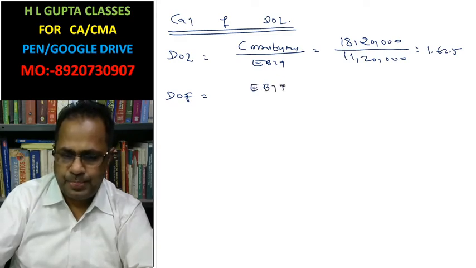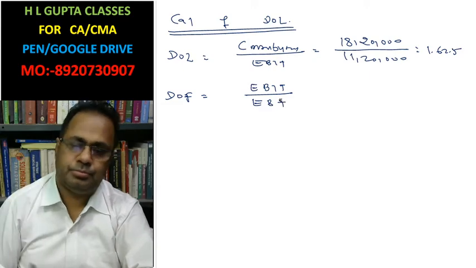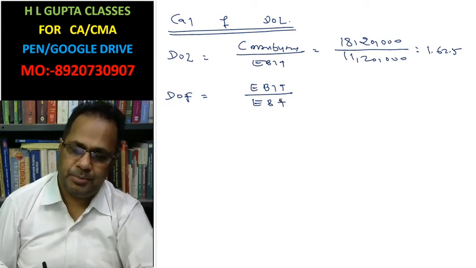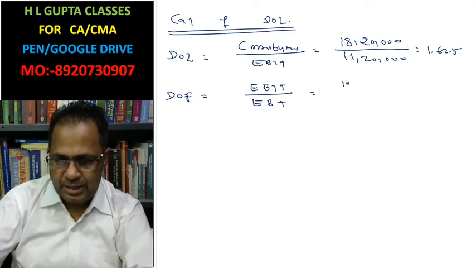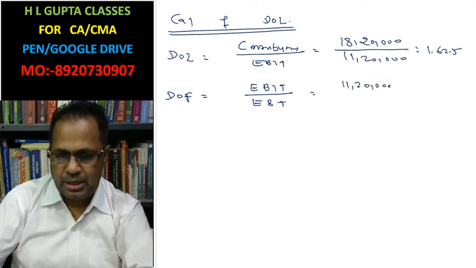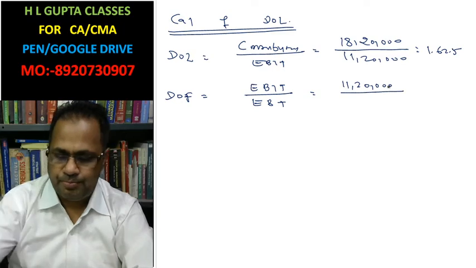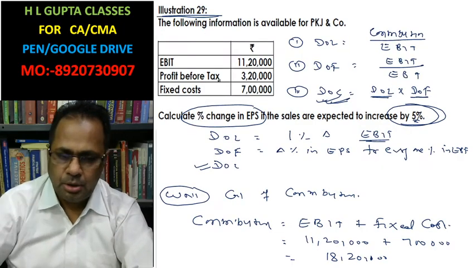Degree of financial leverage is EBIT divided by EBT. This EBIT is 11 lakh 20,000. What is the EBT you have?